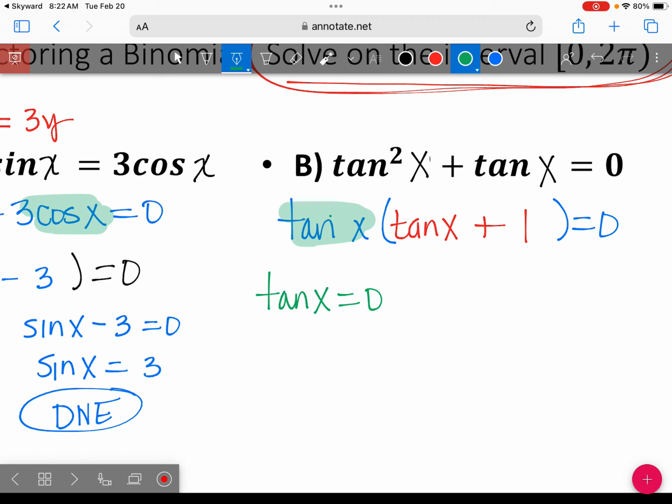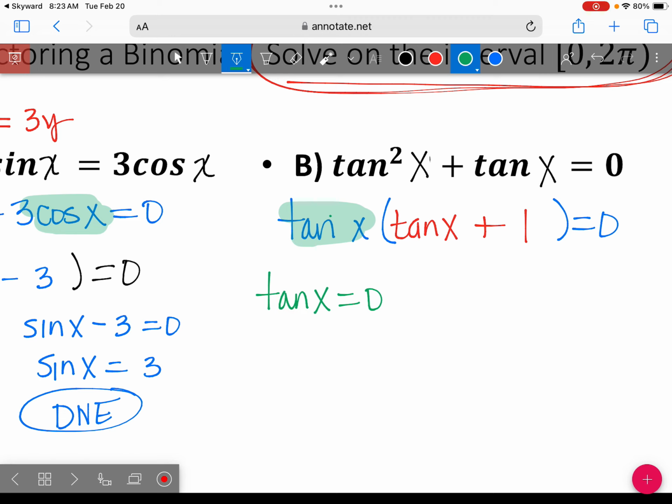Tangent is undefined at pi over 2 and 3 pi over 2. But it equals 0 because remember, you can take 0 divided by 1. 0 divided by 1 is 0. But 1 divided by 0 is undefined. So where would tangent equal 0? What would be your two answers for that first one?